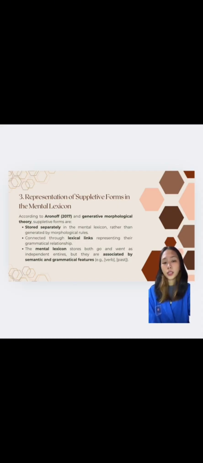When we speak, the brain retrieves went directly for the past tense, not by adding -ed. And this is, for example, our simplified lexical representation. As you can see on this slide, there are some examples.